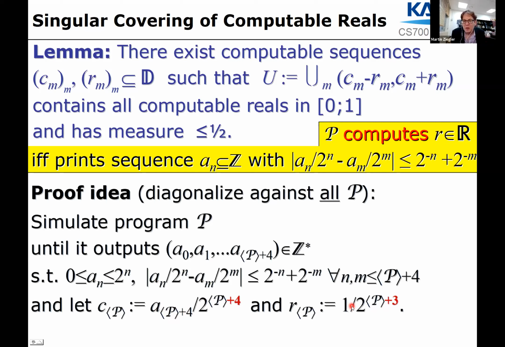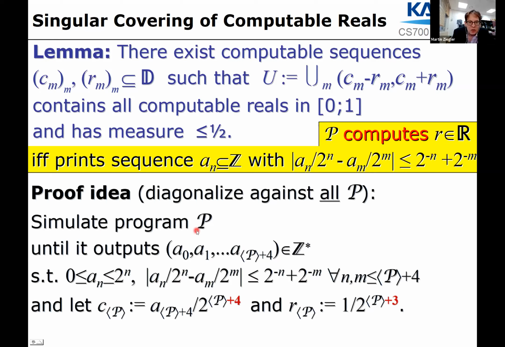It's basically because, by the triangle inequality, whatever real number this algorithm continues to compute, if it computes a real number, that real number will be contained in the open interval with that center and that radius. Because as it keeps computing the real number, the approximation will get better and better, and therefore be at most twice off from that center, and that's the factor 2 that we take into account here.